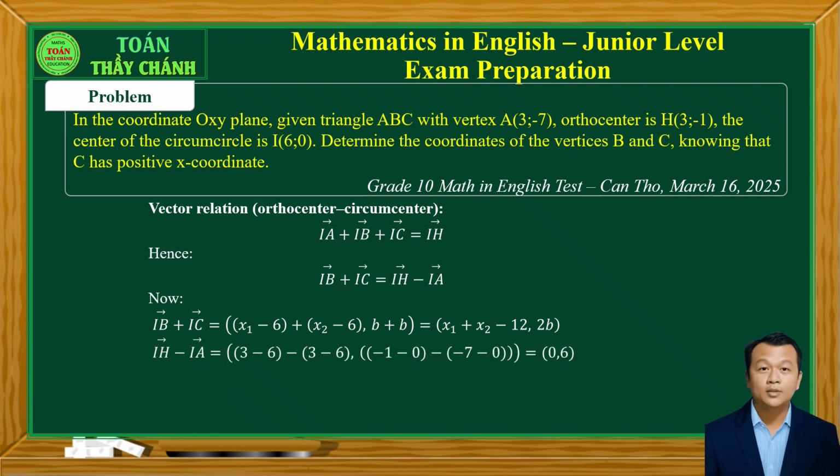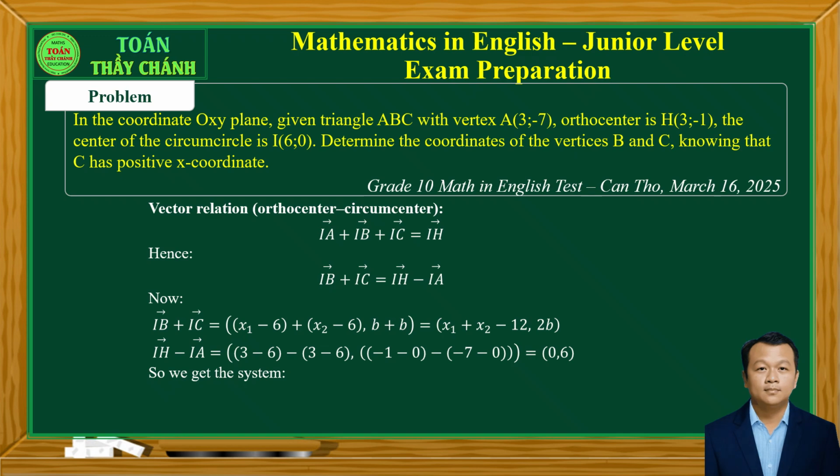On the other side, vector IH - vector IA = (3 - 6 - (3 - 6), -1 - 0 - (-7 - 0)), which simplifies to (0, 6).